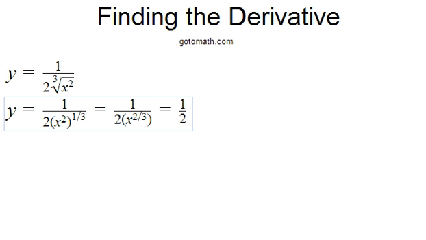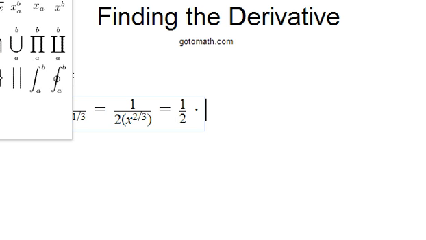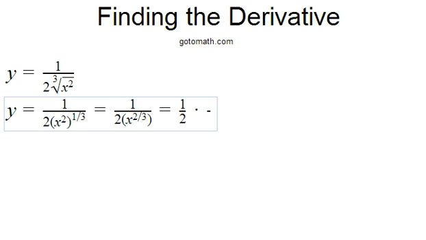So we have 1/2, and I'm going to use the dot operator for multiplication. A lot of times it's just spending a lot of time rewriting. So we take this x, bring it up into the numerator, and it becomes negative 2/3.